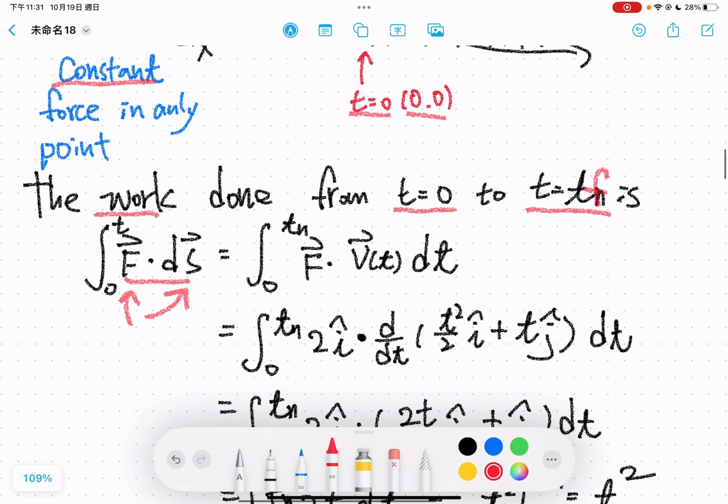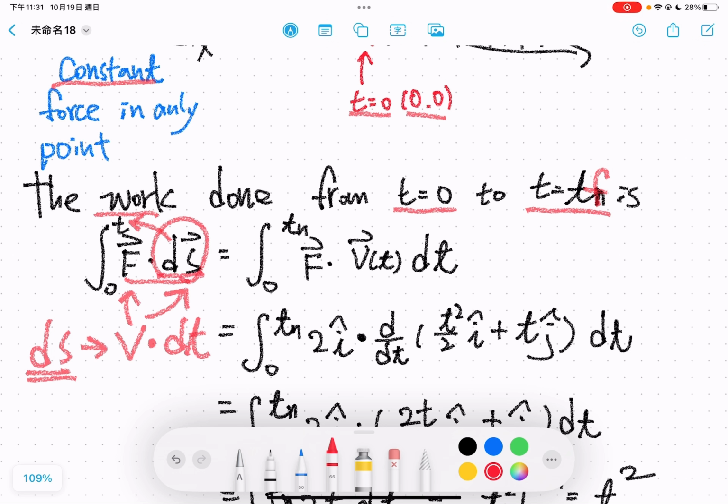So when we try to integrate this, we find that the displacement is not a function of t. So we try to change ds to a function of t. The simplest way: we know the displacement is the velocity multiplied by t.